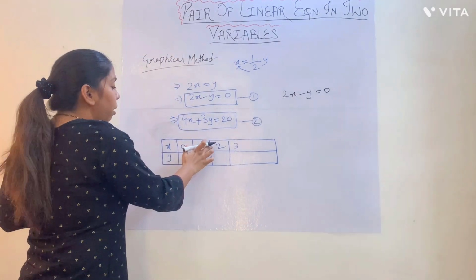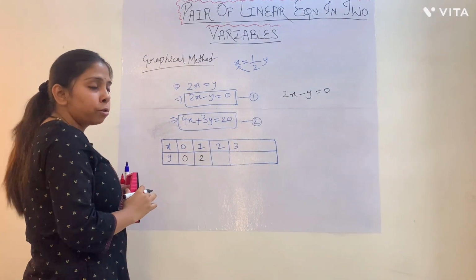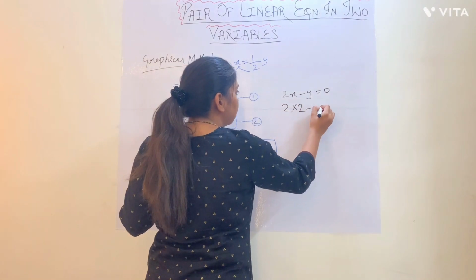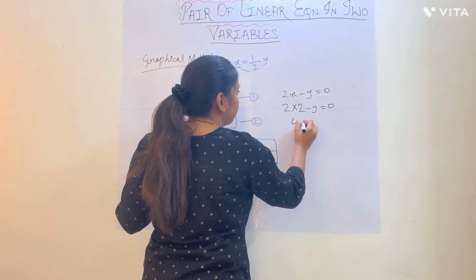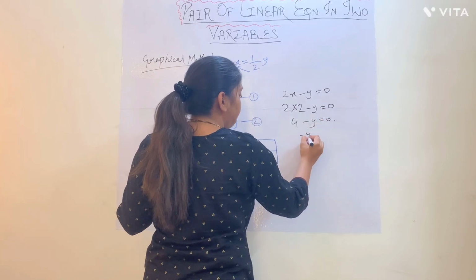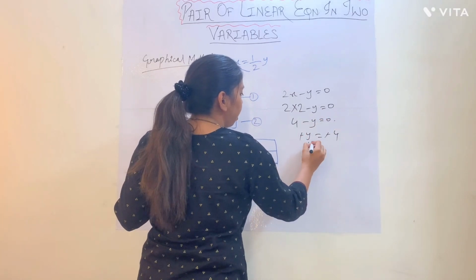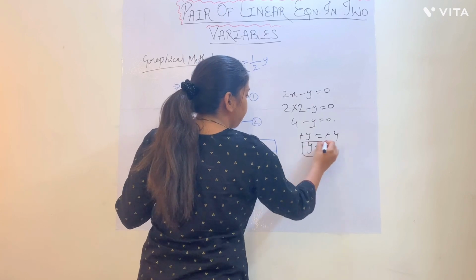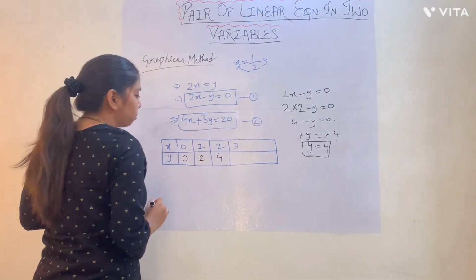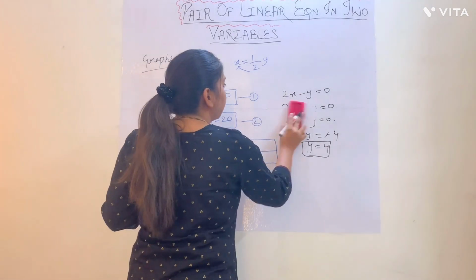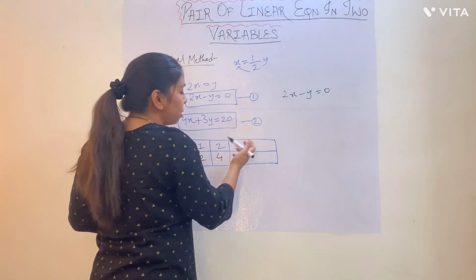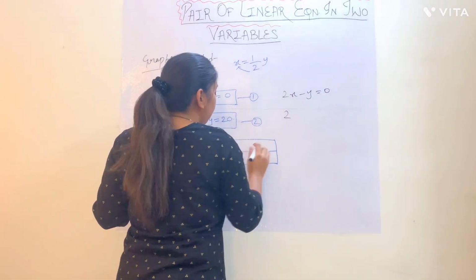Let's put the value x is equal to 2. Then y is equal to 4. At x equal to 2, the value of y is 4. Let's take one more value of x, that is 3.